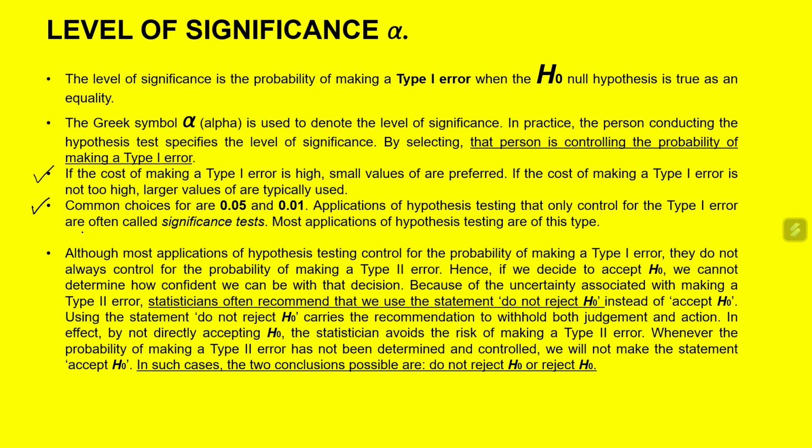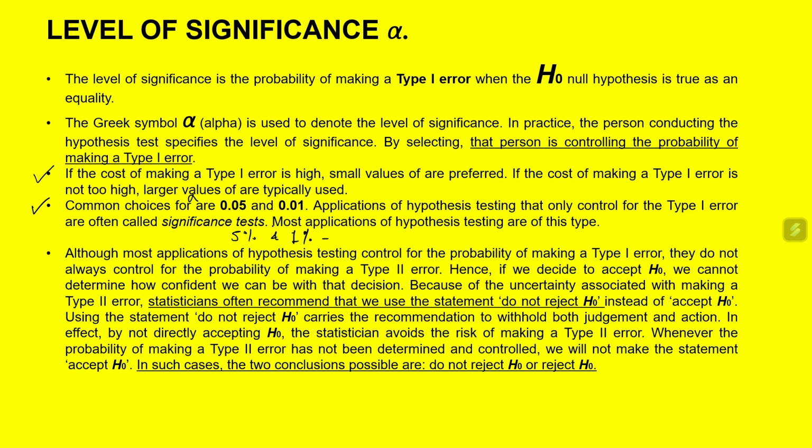Common choices for alpha are 0.05 and 0.01. Applications of hypothesis testing that only control for the type 1 error are often called significance tests. Most applications of hypothesis testing are of this type.